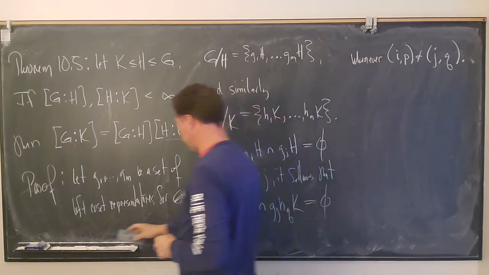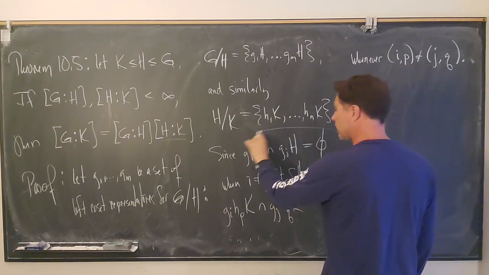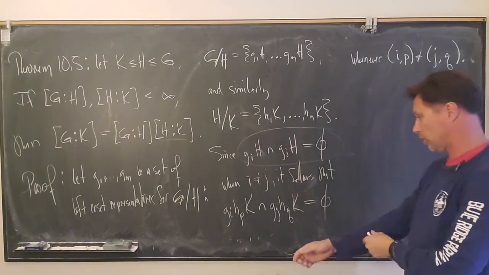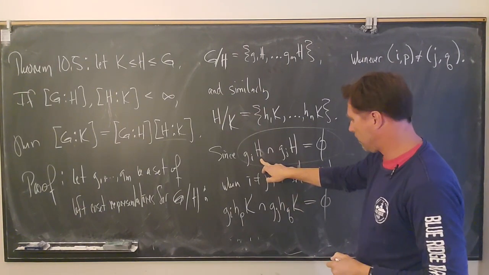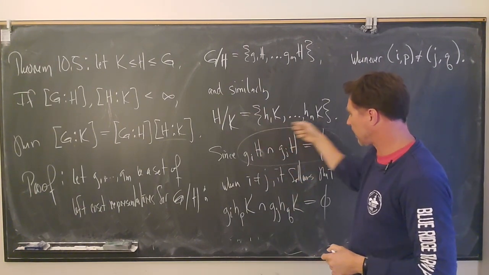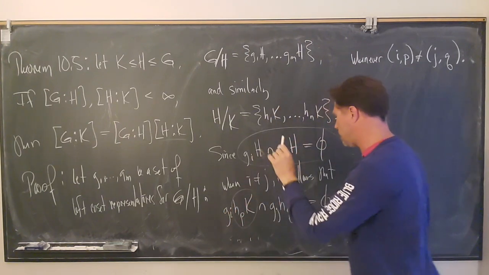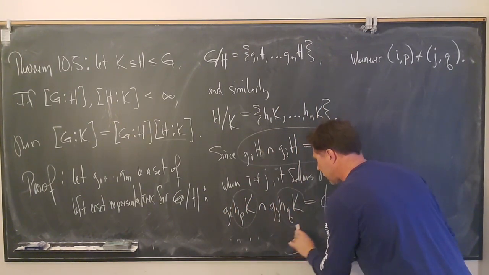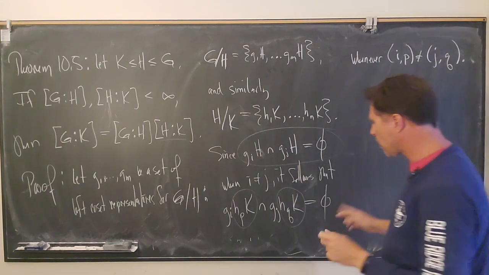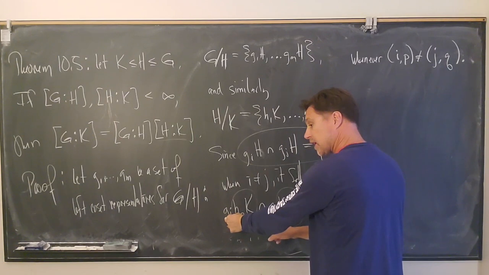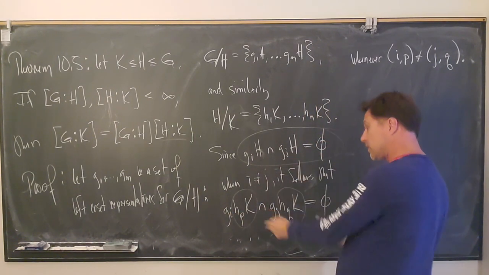So what's going on? We know that we have a partition, so we get disjointness here. And now H is made up of these cosets right here. If I take a coset, this is sitting inside H, this is sitting inside H. So if I choose different cosets here, because of this disjointness, it gives us disjointness here.